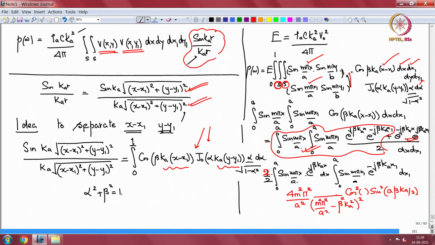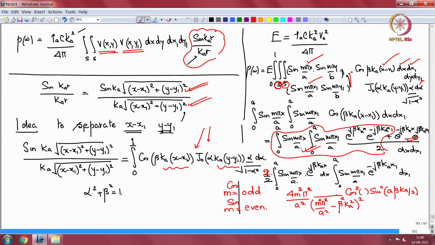This is in the denominator, this is in the numerator. So you use cos when m is odd, and you use sine when m is even. It's simple.